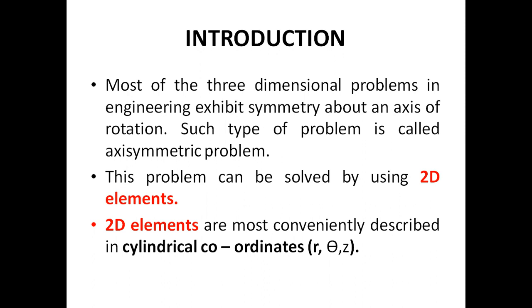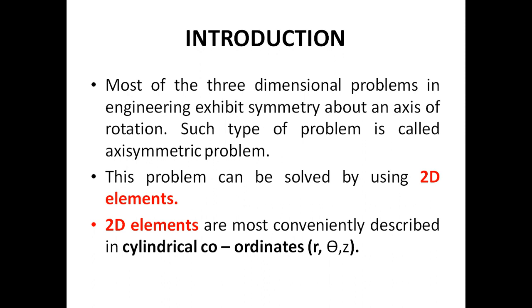Yes, actually, one important doubt is there. Why is this axisymmetric problem solved by using 2D elements? Actually, an axisymmetric body is a three-dimensional body, but it is symmetric about an axis, so we only consider either the left side or the right side of the axis as a two-dimensional cross section. Then it is considered as a 2D drawing.